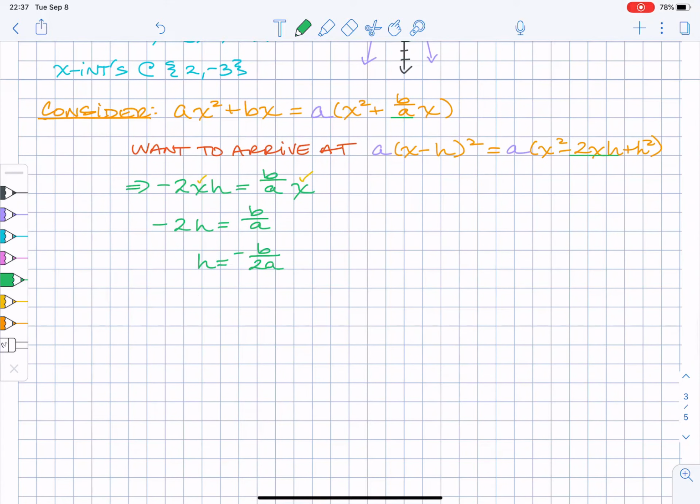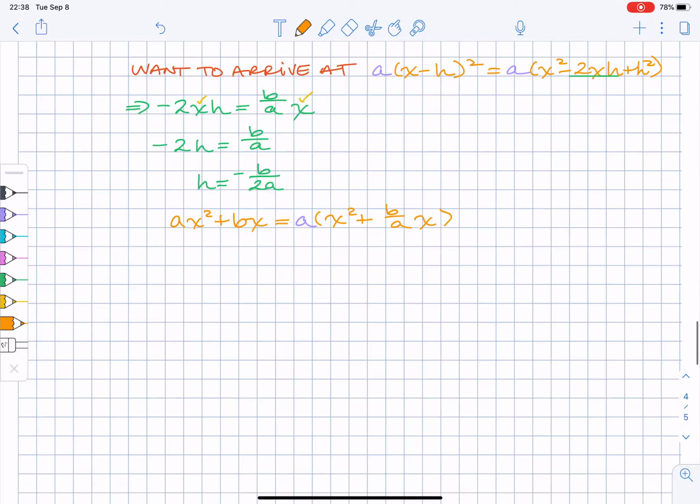Okay, so where am I going with this? Well, let's go back to the beginning. So ax squared plus bx we can write as a times the quantity x squared plus b over a times x. But I want to add something now. I want to add h squared because I want to get to that parenthetical that I have over here.